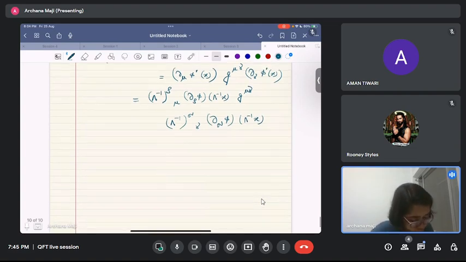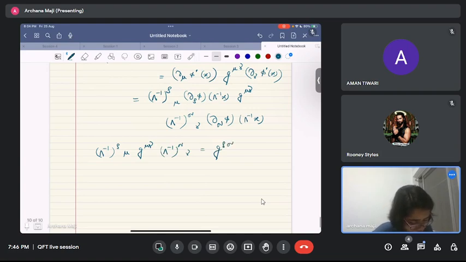Now we have derived the property satisfied by this lambda: lambda inverse rho mu g mu nu lambda inverse sigma nu is nothing but g rho sigma.